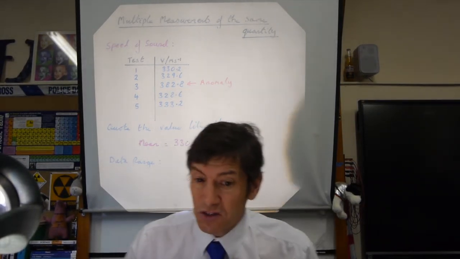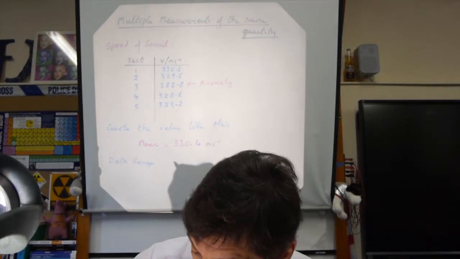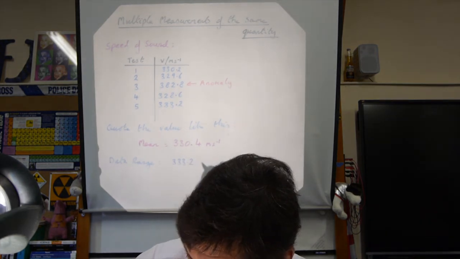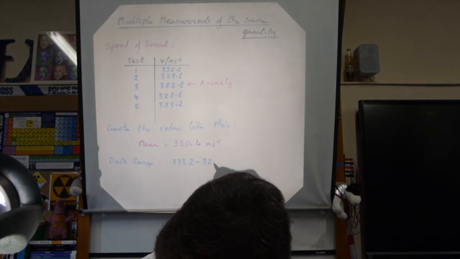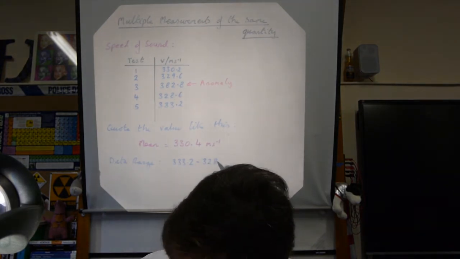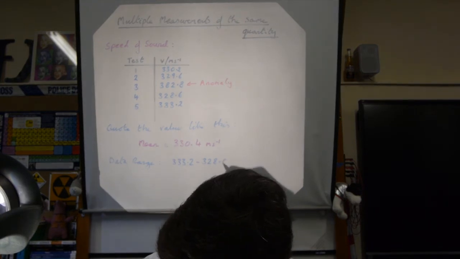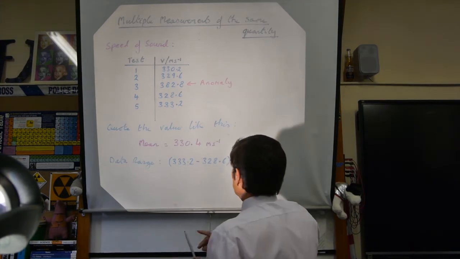So take the range of the data. So that is 333.2, that's the largest, minus the smallest, which is 328.6.